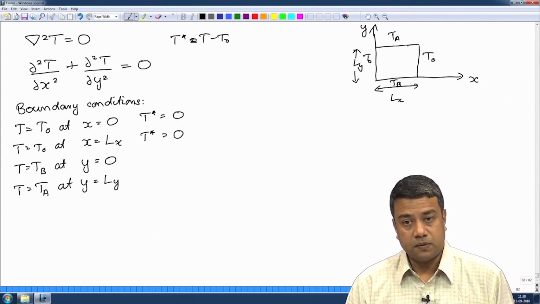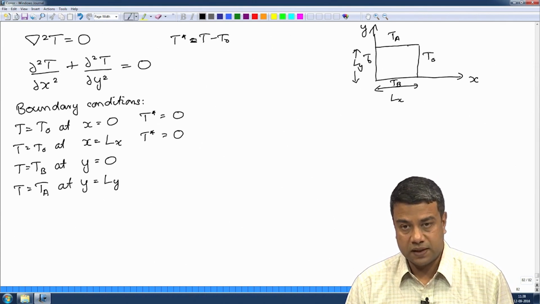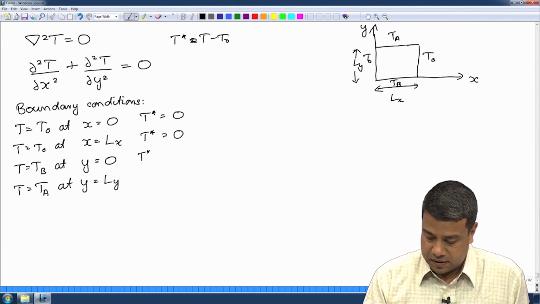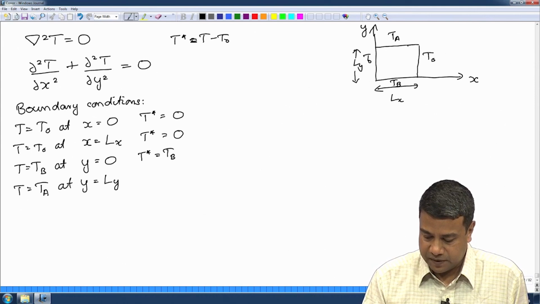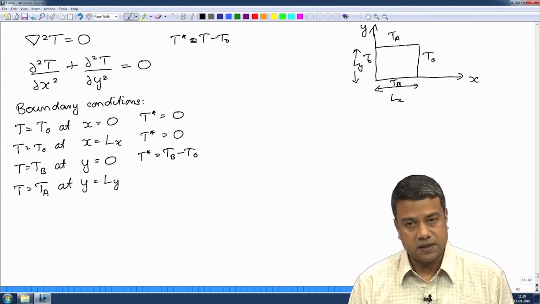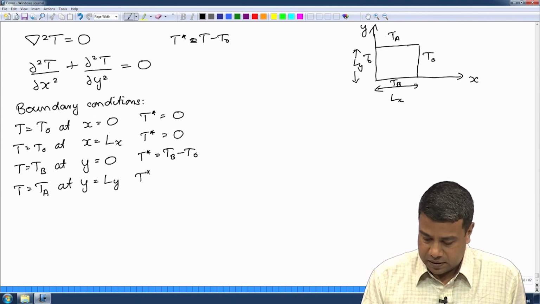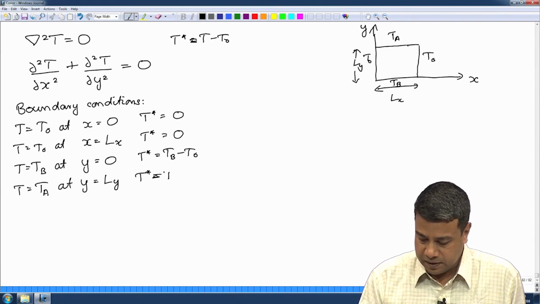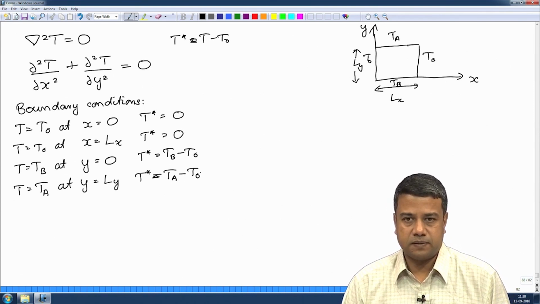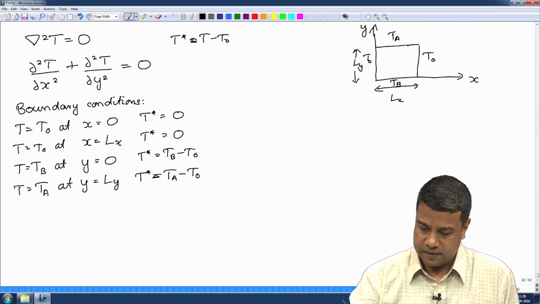Okay. The inhomogeneous direction then becomes the y direction. Okay. T star is equal to Tb minus T naught at y is equal to 0 and T star is equal to Ta minus T naught at y is equal to Ly. Okay. So, that becomes the inhomogeneous direction.